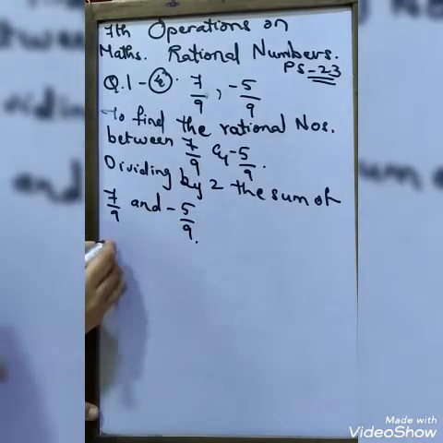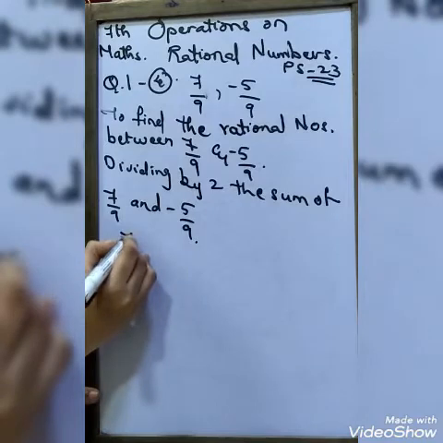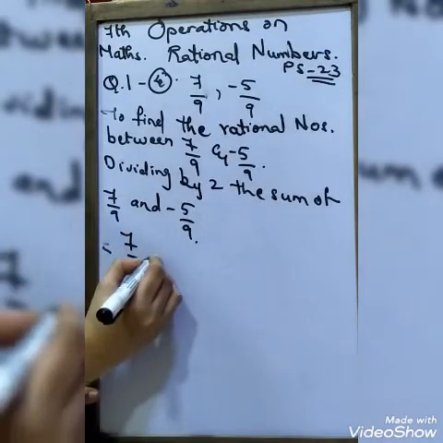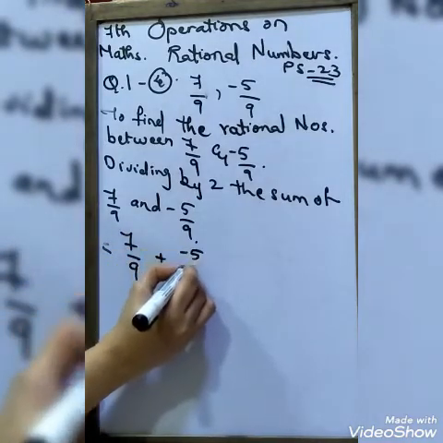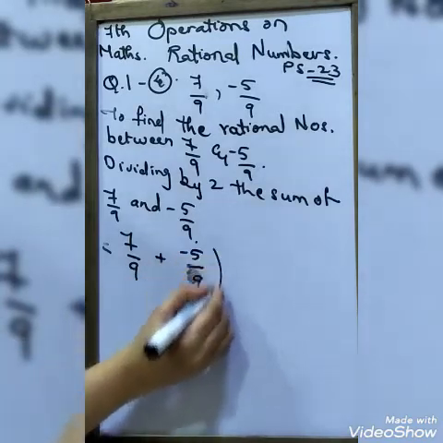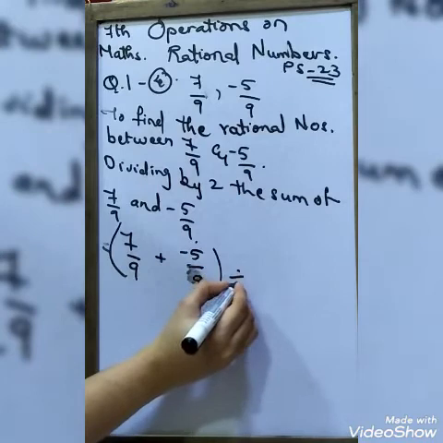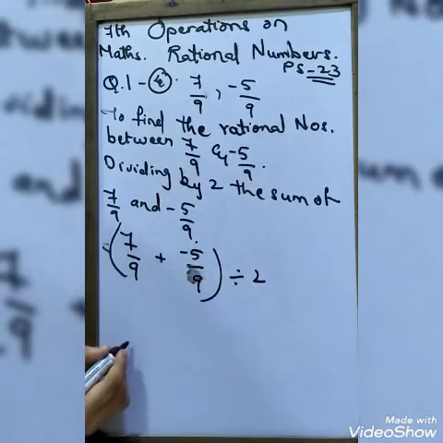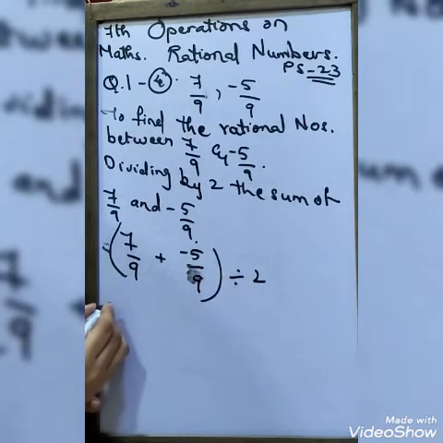So here, 7 upon 9 plus minus 5 by 9, divided by 2. It will be like this way.